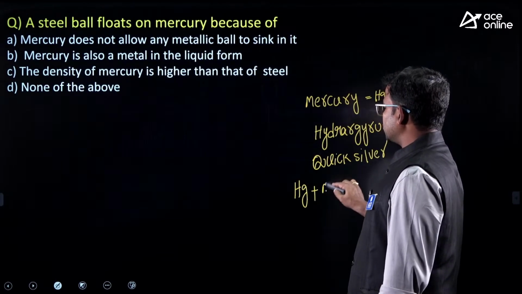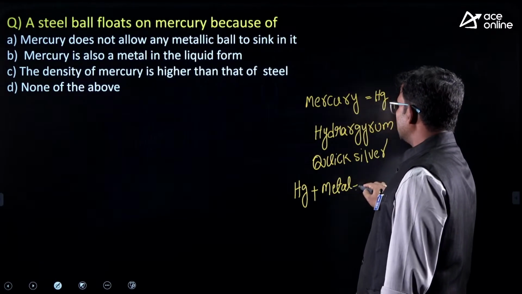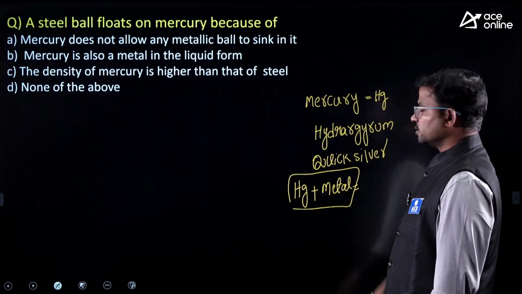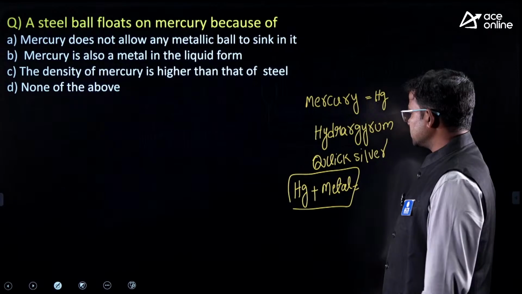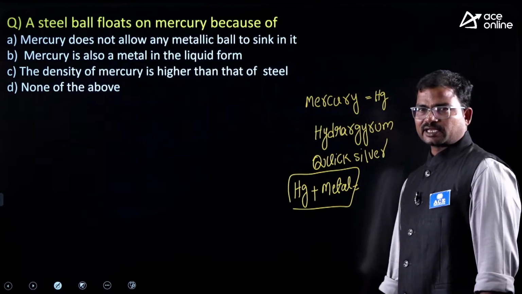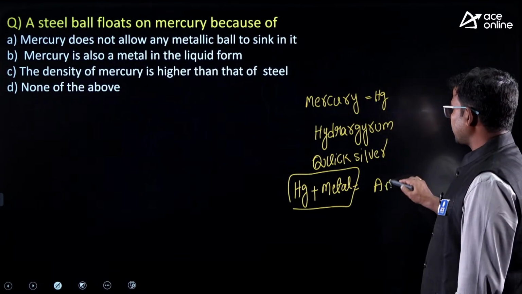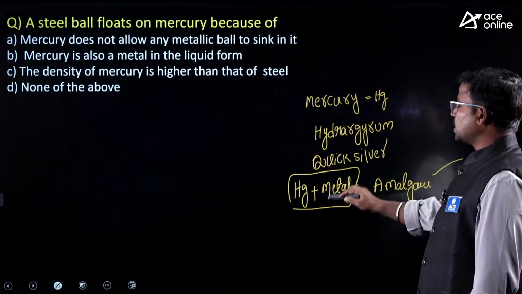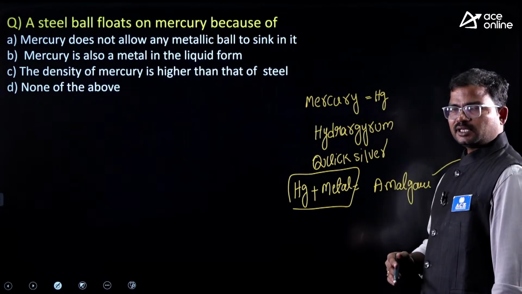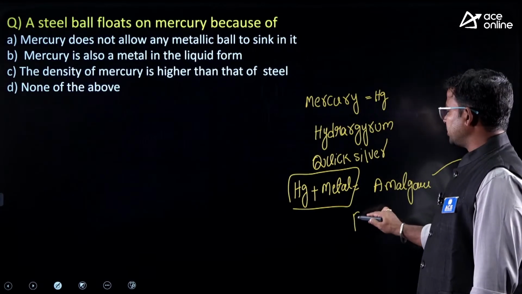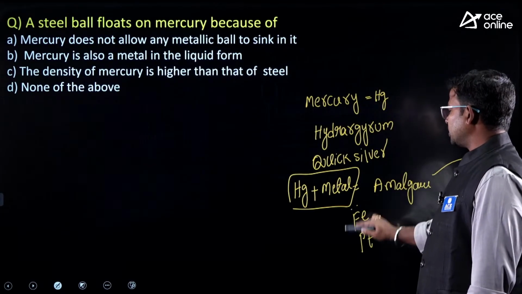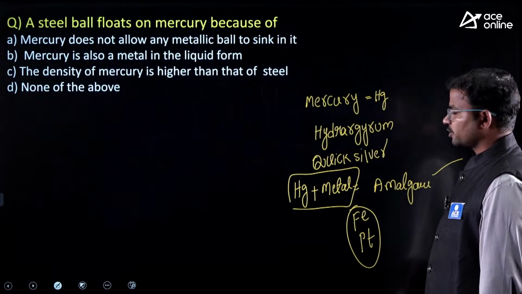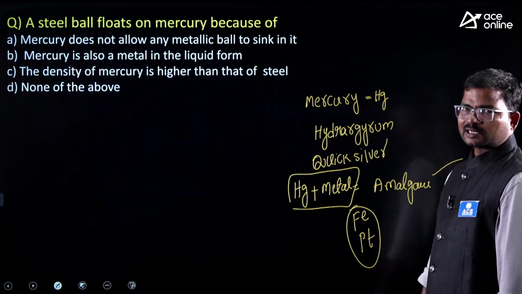When mercury reacts with other metals, we get an alloy. What is the name of a mercury alloy? Amalgam. You should also remember that mercury can react with almost any kind of metal except iron and platinum, so with these two elements it does not produce any amalgam.